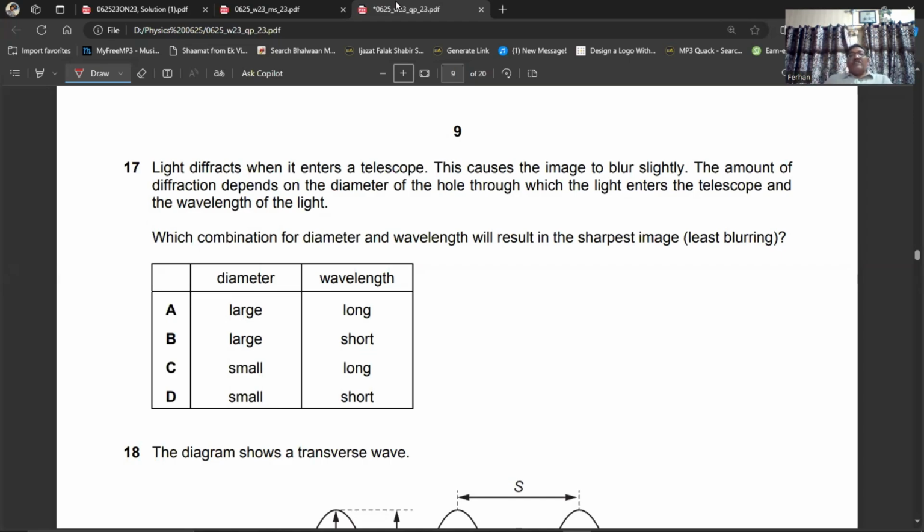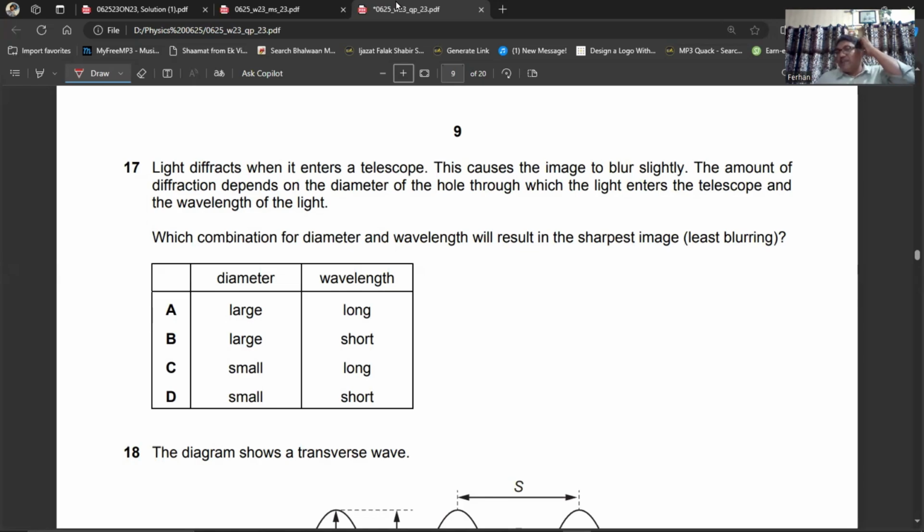So if you want to reduce this diffraction, you see what you need to do. The wavelength should be shorter and the diameter should be larger. It means the diameter of the telescope opening must be larger than the wavelength of the light, so the diffraction will be less.